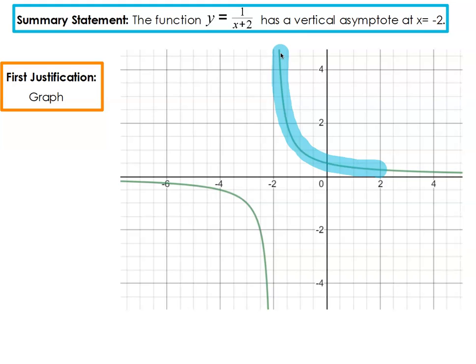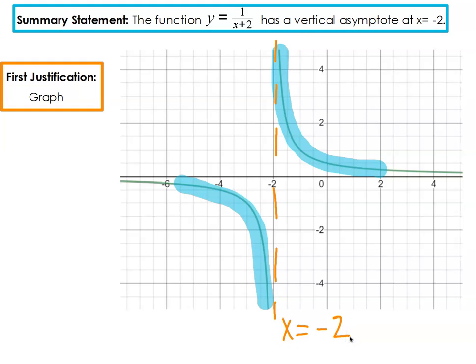Same thing down here as we look down to negative infinity. If I keep going along, it's going to get really, really close to that negative 2 value, but never cross. So we're trying to show that there is a vertical asymptote, and usually it's a dashed or dotted line, the vertical asymptote at x equals negative 2.